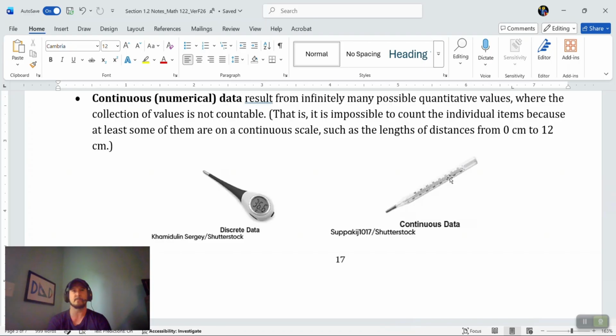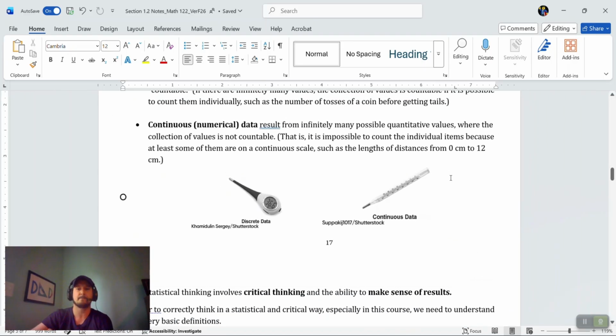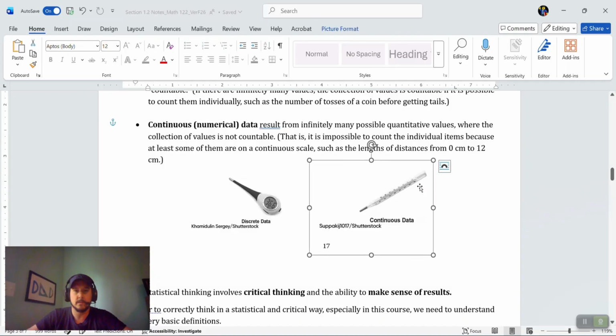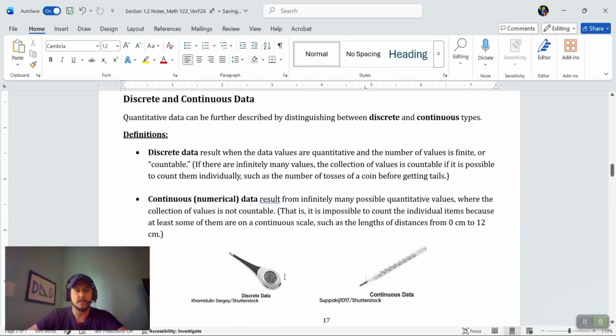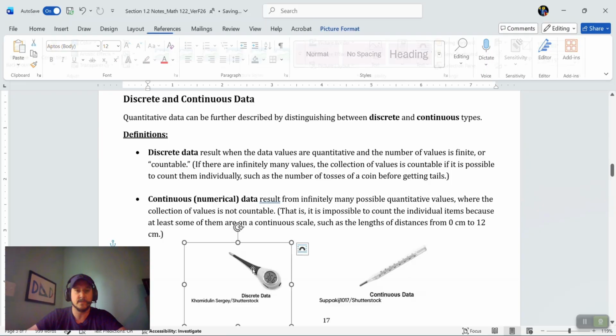Whereas if there's some gaps between values, then that's discrete. You can kind of think of discrete data as kind of like having their own personal bubble. All right, so that might be a good thing to convey to students.